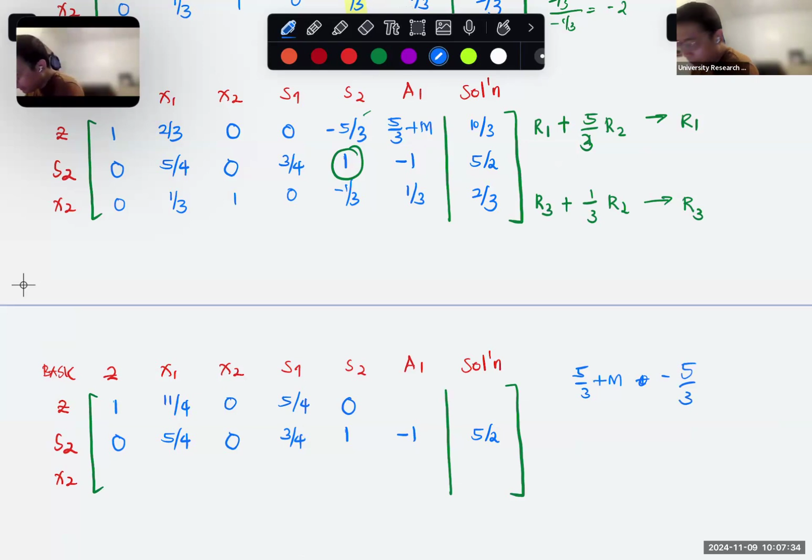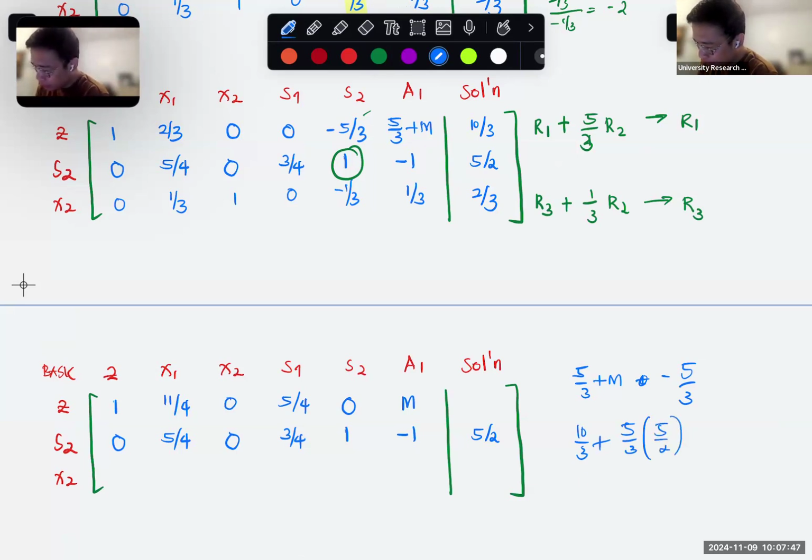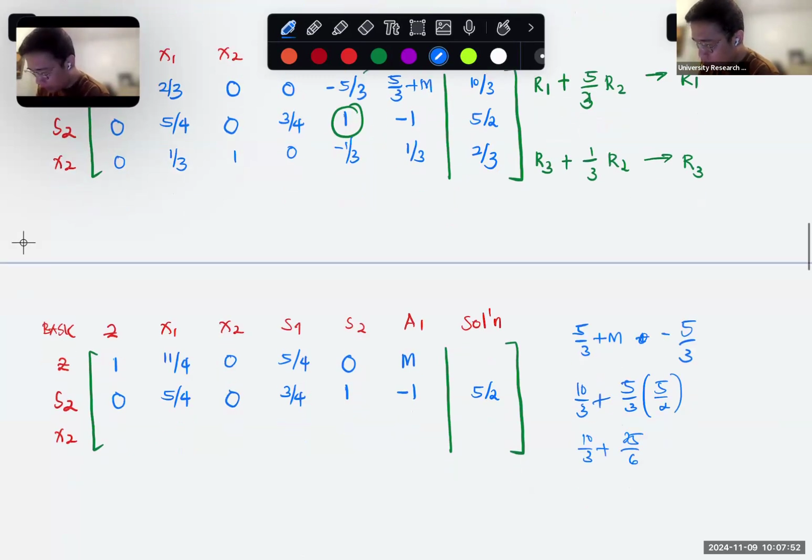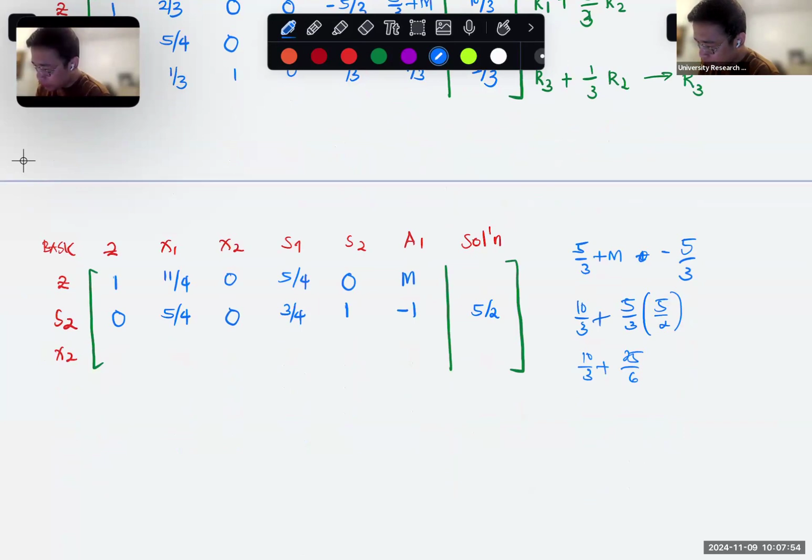So it will just become m. And for our solution, 10 over 3 plus 5 over 3 times R2, which is 5 over 2. So 10 over 3 plus 25 over 6. So 45 over 6, so divided by 3, that is 15 all over 2.